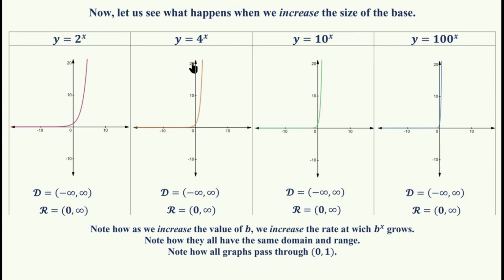The ranges for these simple types will also be the same. We'll look at some transformations of the basic exponential function later, where the range might change by lifting, etc. But for these, the domain and range are all the same.